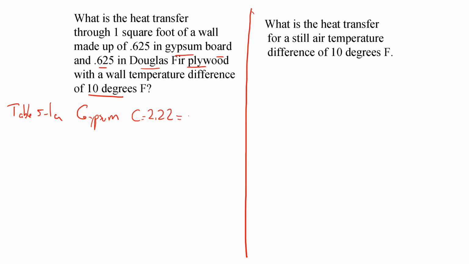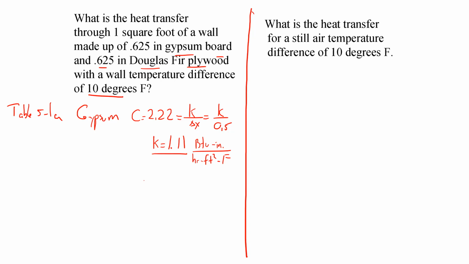And we're going to set that equal to 1 over the resistance, or K over delta X. Knowing that the tabulated thickness is 1/2 inch, we can extract the thermal conductivity, in BTU inch per hour foot squared Fahrenheit.